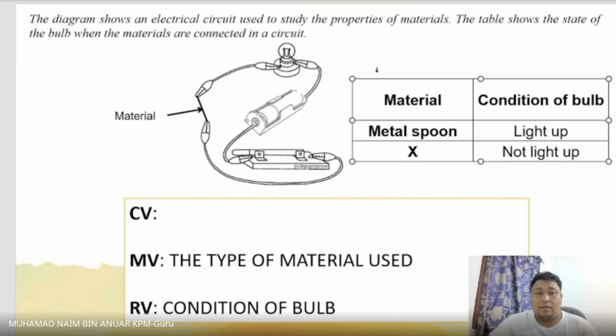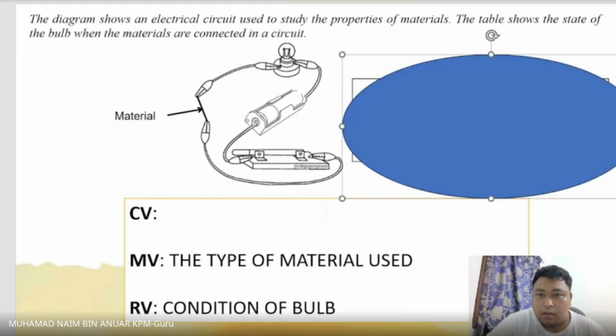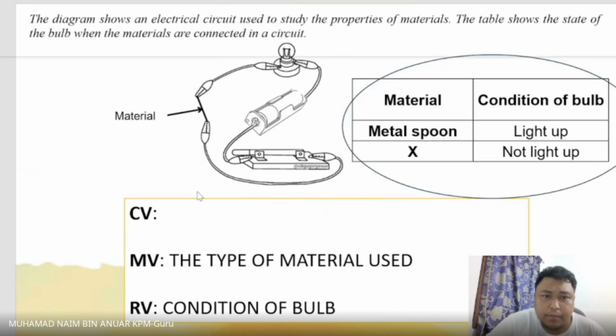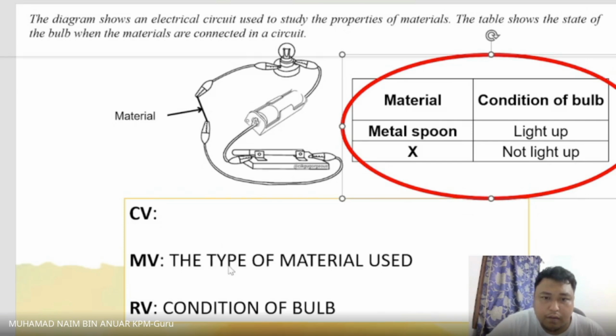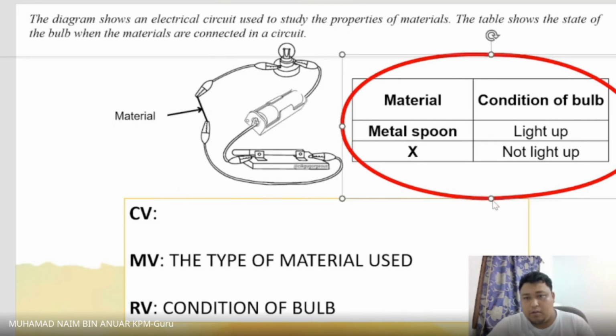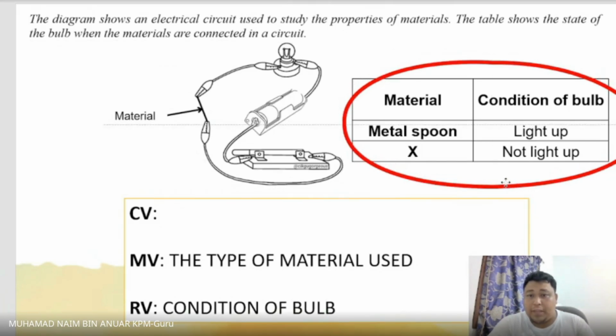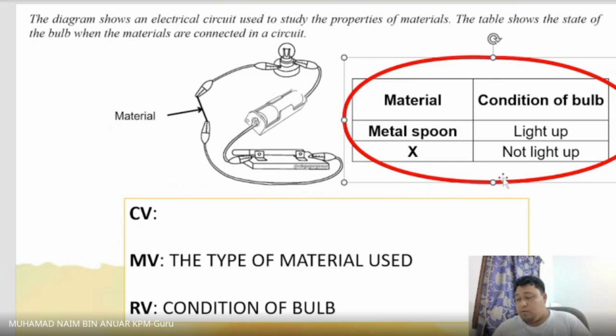Okay, I need to put something here. Table. Actually, there's one more way for you to know from a table or graph.